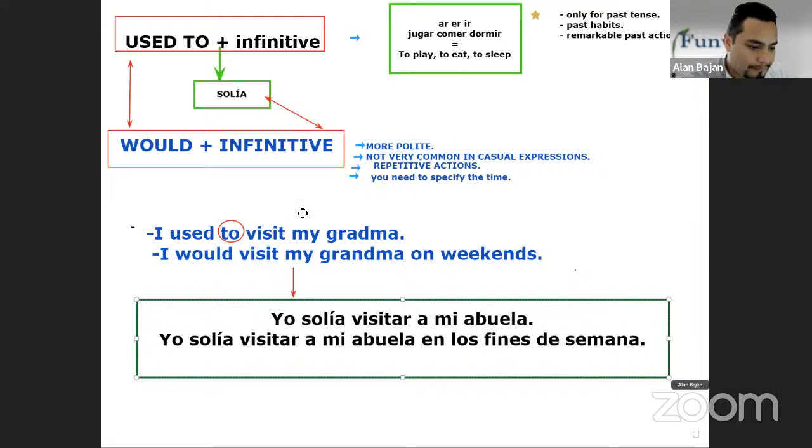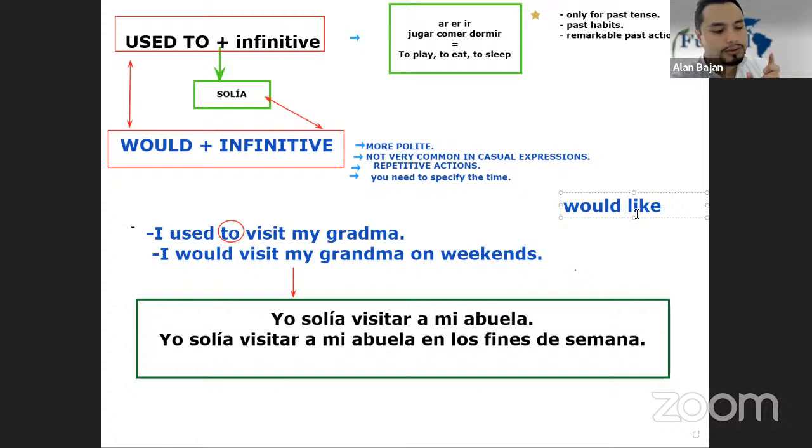Janet? Teacher, I have a question. Would no es, por ejemplo, I would like to work on, o es diferente. Is different. You are talking about would like. And would like es tomada como una expresión en sí, no separada. Acá solo es would plus infinitive.